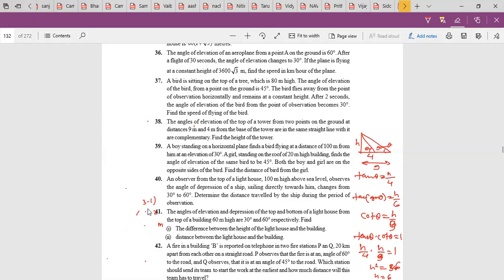Then find that height value. Ma'am, I'm again getting 30. The diagram is completely wrong.